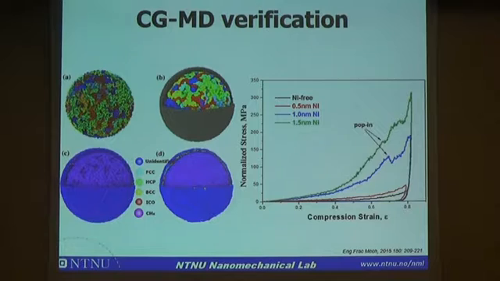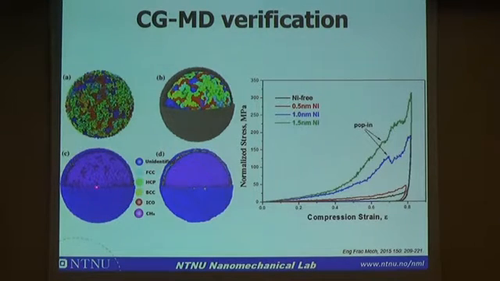But then we also want to know computationally if we can repeat the process. So we have done a coarse-grained molecular dynamics simulation. Here, first we make the polymer particles using the coarse-grained model, and then deposit a very thin nickel layer onto the polymer core. And then let the system relax automatically.